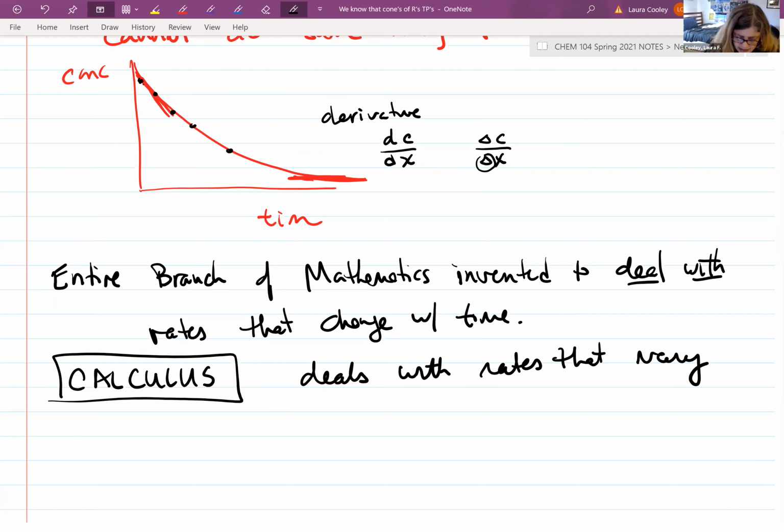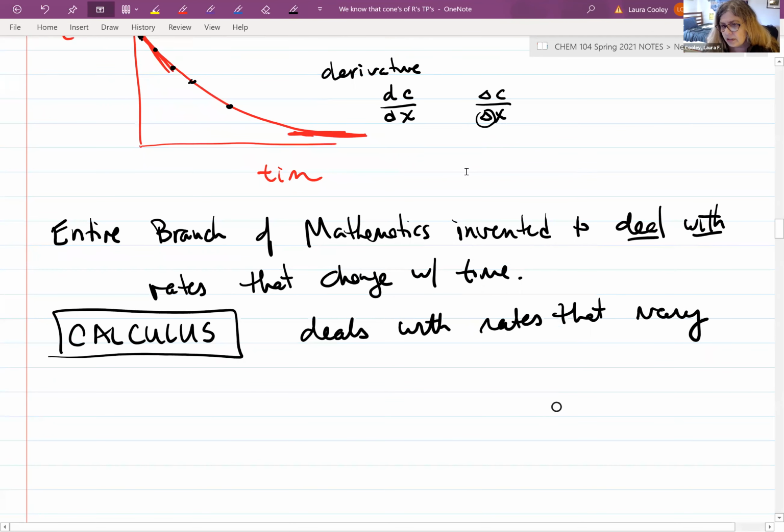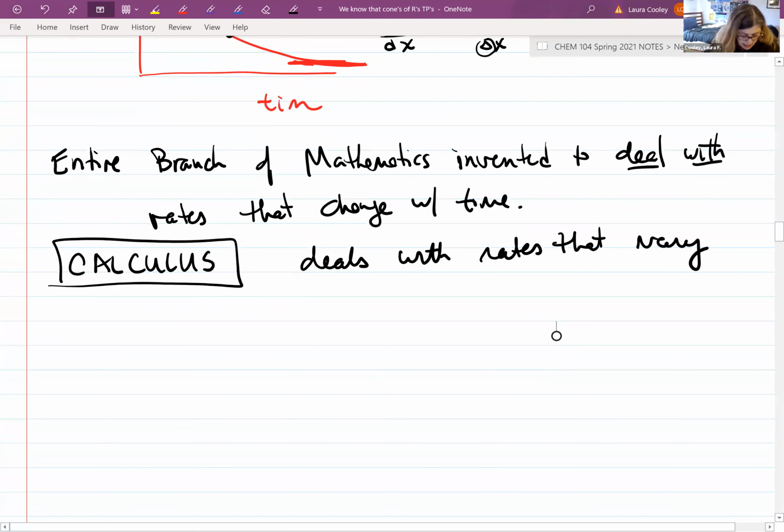So it's like an instantaneous slope. It's like the slope of the tangent to the curve at that point. Related rates are a typical type of calculus problem, where those rates are all varying over time.